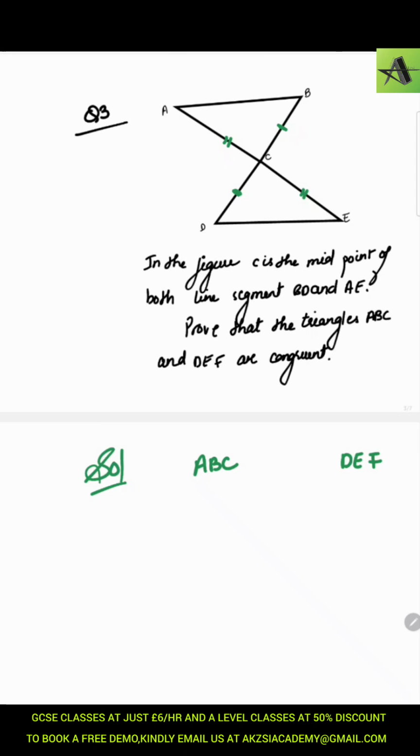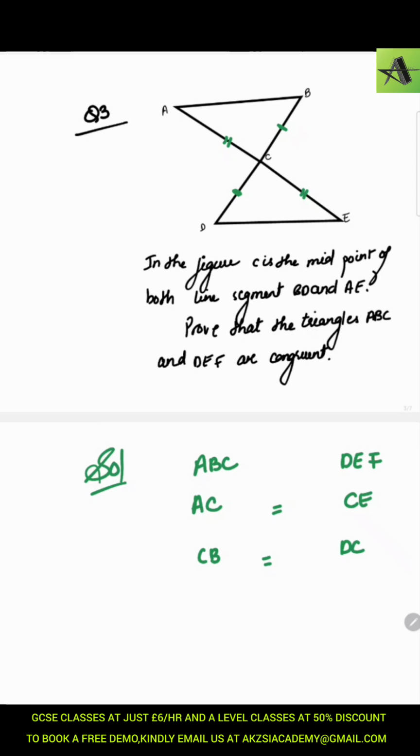So I can say that side AC of triangle ABC and CE of triangle DEF are equal. Similarly, DC equals CB. I can see that I have written it the other way around. It has to be CB here and DC here. So two sides are equal.